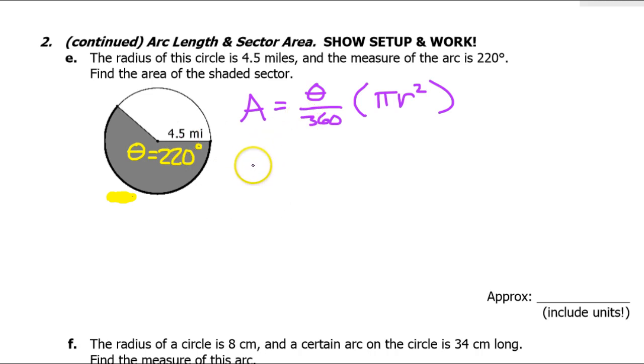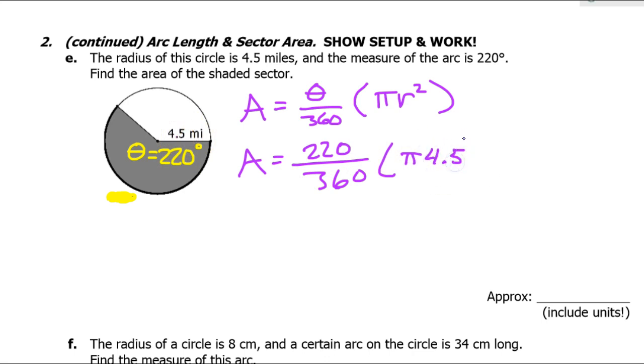So theta is 220, so that'll be 220 out of 360 pi. The radius is 4.5, so this will be 4.5 squared. So I should just be able to put all this in my calculator because I already have the sector area by itself.